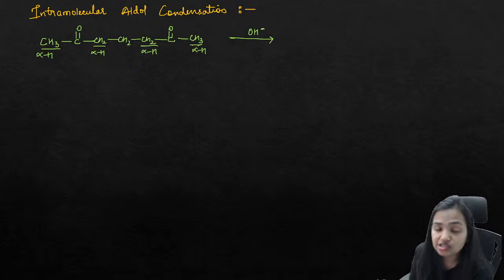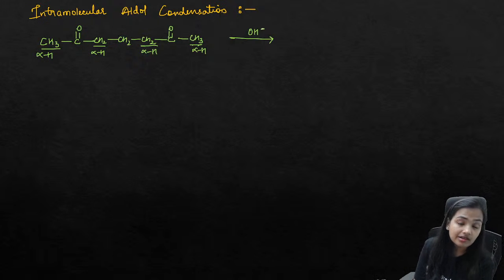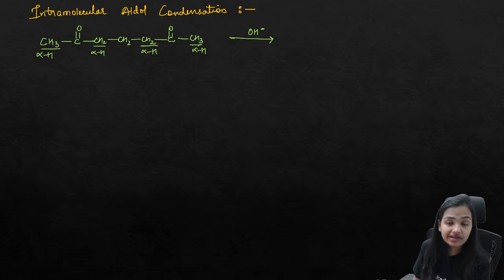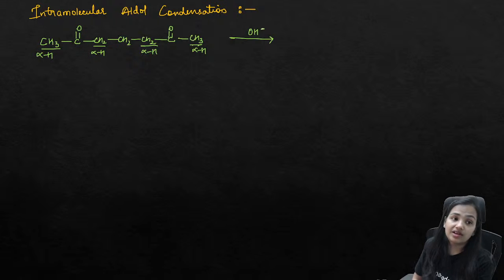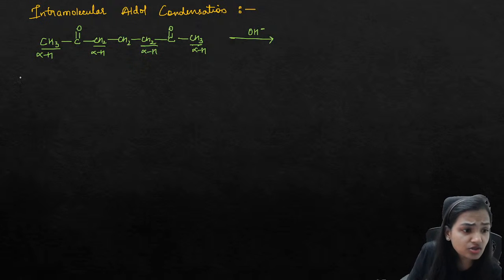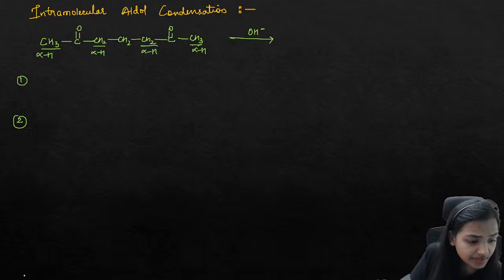Now the reaction is based on the stability of the ring: from where the alpha hydrogen has to be extracted and from where the nucleophile has to attack. There are two major steps of the mechanism.